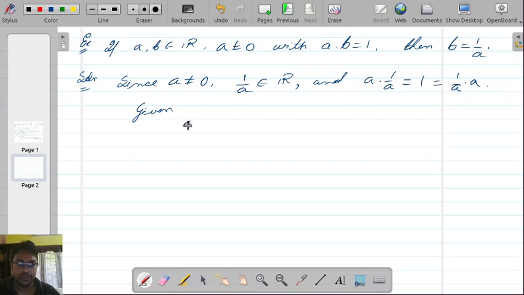So given this a dot b equal to 1, from there we can write 1 by a dot a dot b equal to 1 by a dot 1.